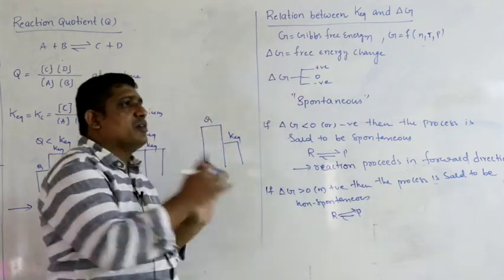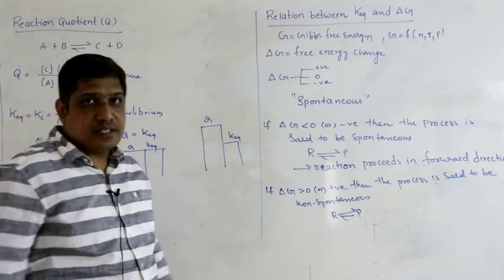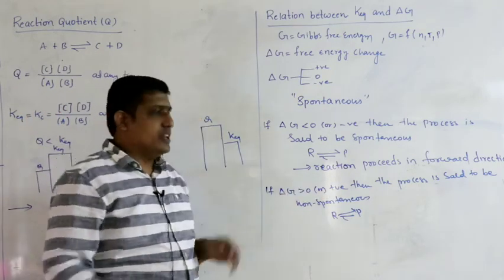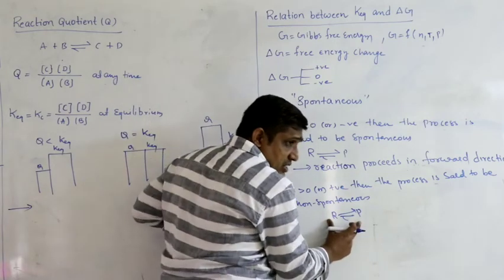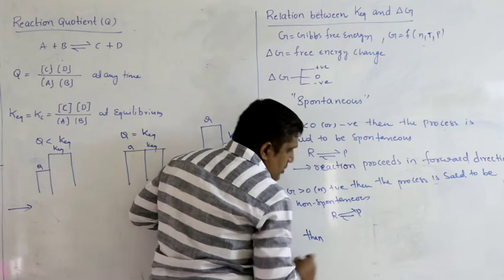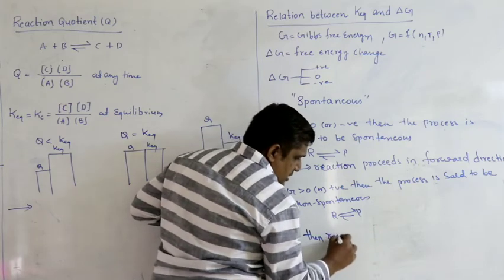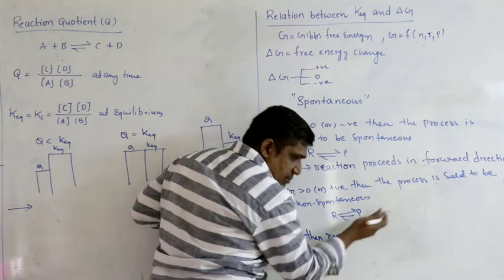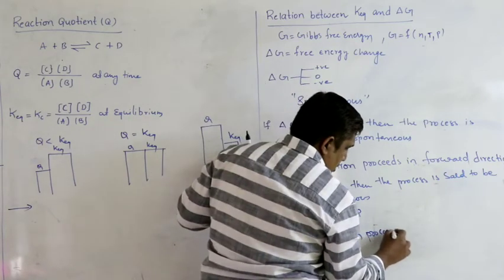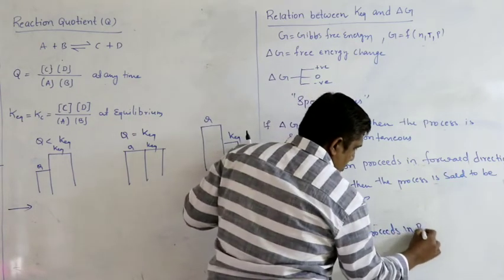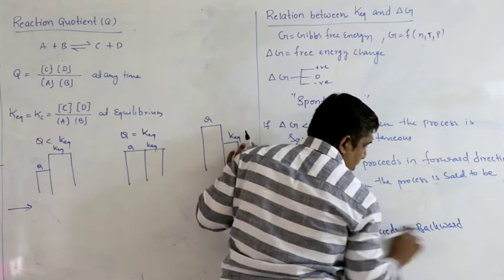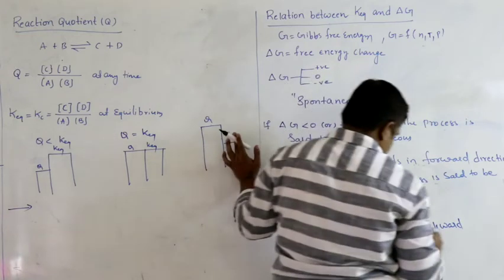That means the forward reaction is non-spontaneous. If forward is non-spontaneous, backward becomes spontaneous. So for a reversible reaction, if delta G is positive, then the reaction becomes spontaneous in backward direction. Then the reaction proceeds in backward direction, because it is spontaneous in backward direction.